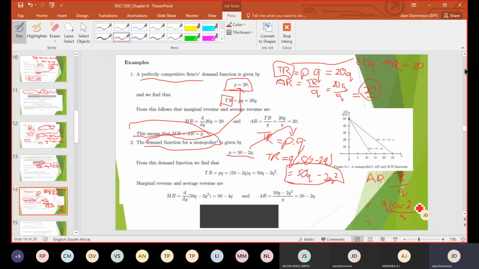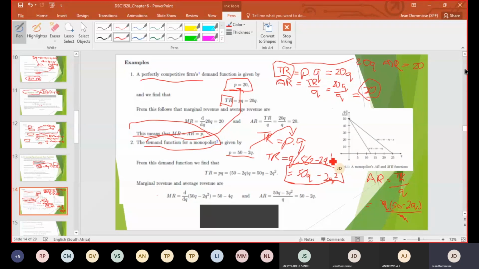Because that then makes it easy for me to say, okay, I can cancel those out. So for average revenue, it was easy to calculate. It was basically 50 minus 2Q, and we could have gotten it from there nearly when we said Q times 50 minus 2Q.